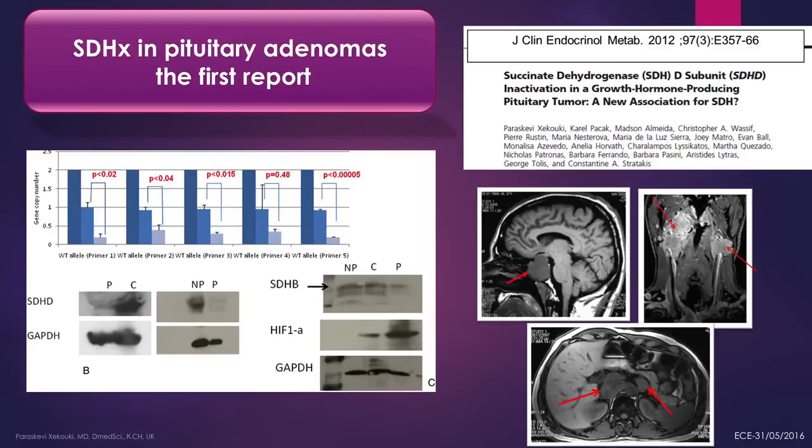This family screened positive for an SDHD mutation, and we were able to show that there was loss of heterozygosity of the SDHD locus in the pituitary tissue, as well as decreased SDHD expression and increased HIF1 alpha expression in the lysates of this pituitary tissue.